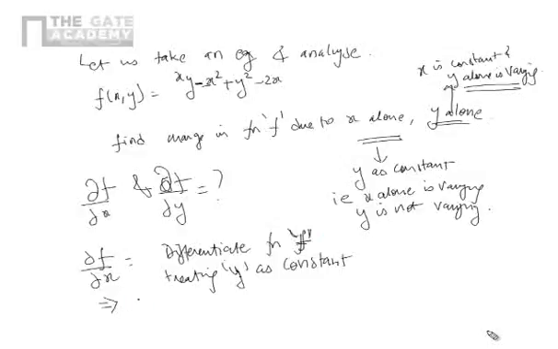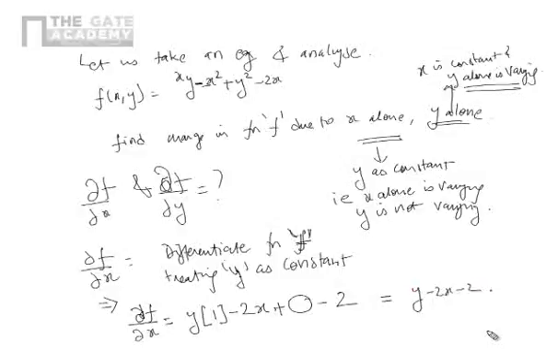I treat y as constant, so I get y into differentiation of x, which will give me 1, minus differentiation of x square will give me 2x, plus y square is a pure y term, so y is like a constant, so a constant on differentiation will give me 0, because y square will change with respect to y only, it will not change due to x, minus 2x on differentiation with respect to x will give me 2. This is nothing but y minus 2x minus 2.